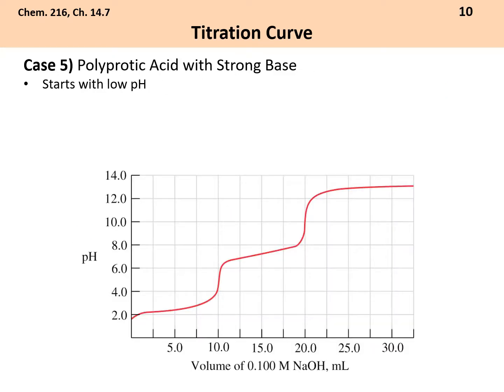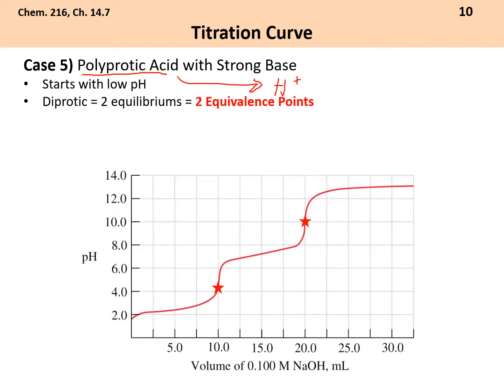All right, case 5, and it's not one we will do many problems with, but this is when I take a polyprotic acid and add in a strong base. In this case, remember what polyprotic means: I have more than one acidic H+.